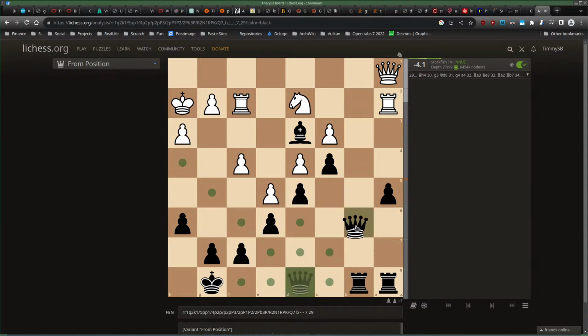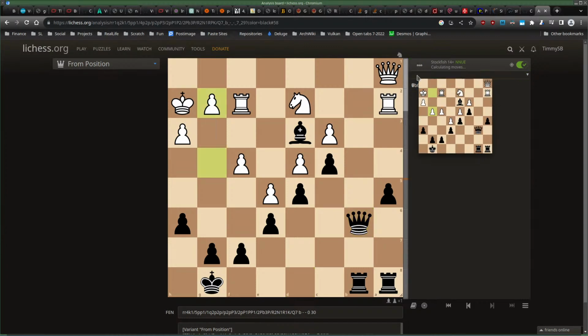So play the queen here now. No, maintain more or less the advantage. Maintains. Play g4. a4.